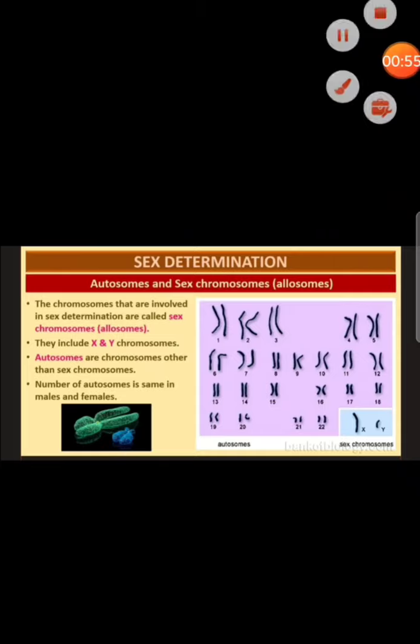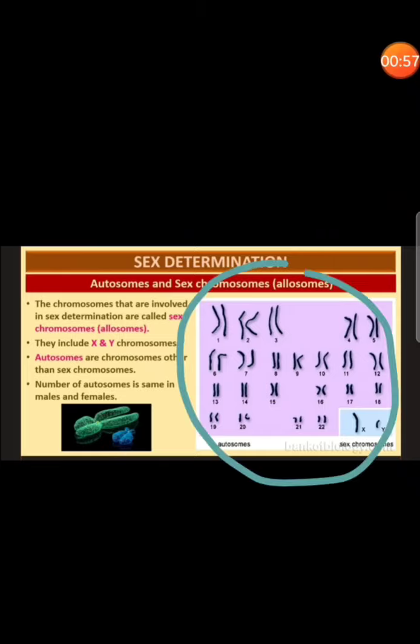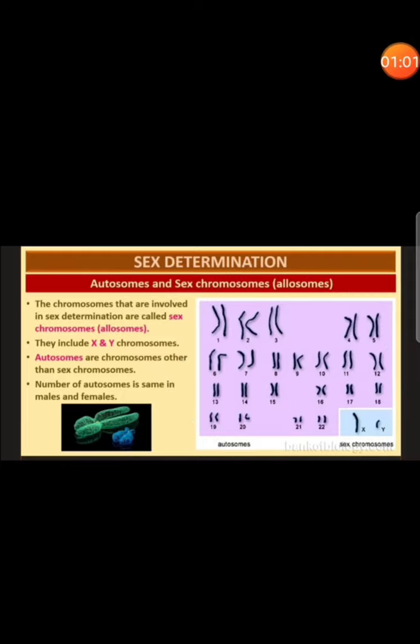Chromosomes will not have this shape every time inside the cell. They will acquire this shape when they are undergoing cell division, especially the metaphase, okay? Otherwise these chromosomes will not be arranged like this. They will be spread all over the nucleus.